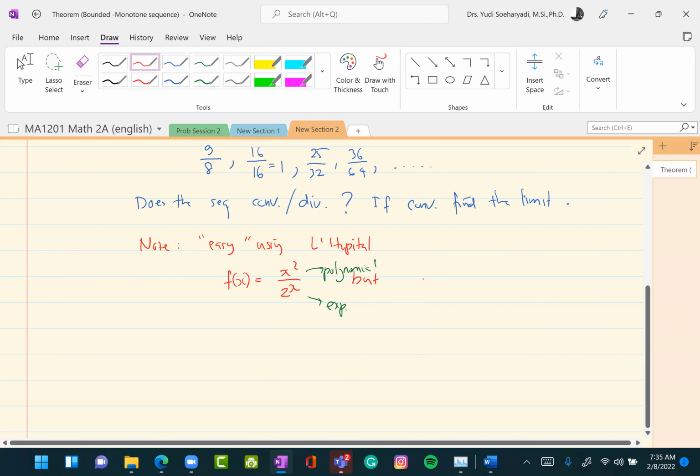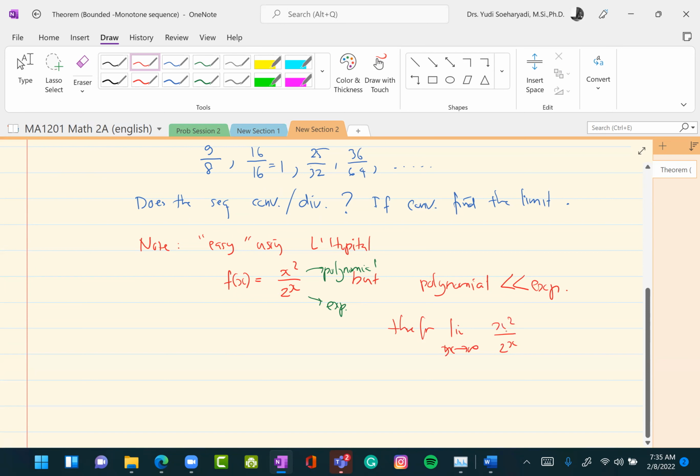You know that a polynomial is much smaller than an exponential. Therefore, in this limit as x goes to infinity, they are both large over large, but then the exponential is much larger. So that's why this is small, sorry, small in the sense of the limit. That means zero. Okay, so that's why it converges to zero.